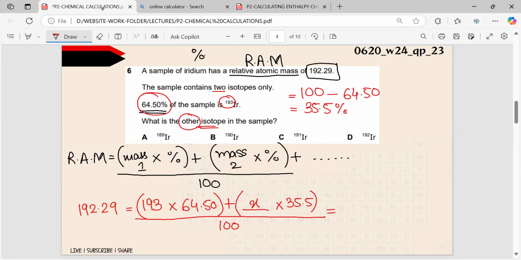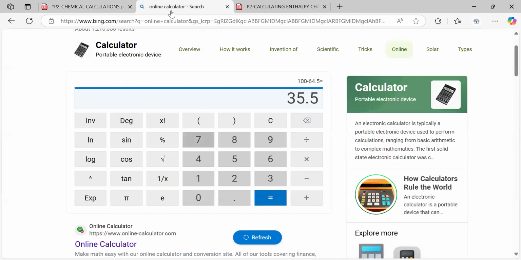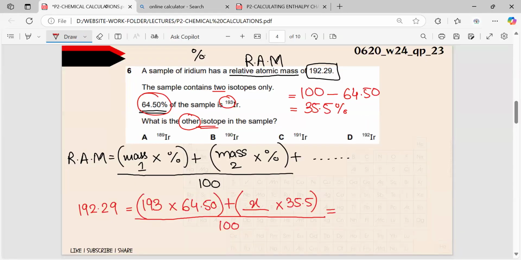Here 193 multiplied by 64.5 is 12448.5. 12448.5 plus 35.5x divided by 100.